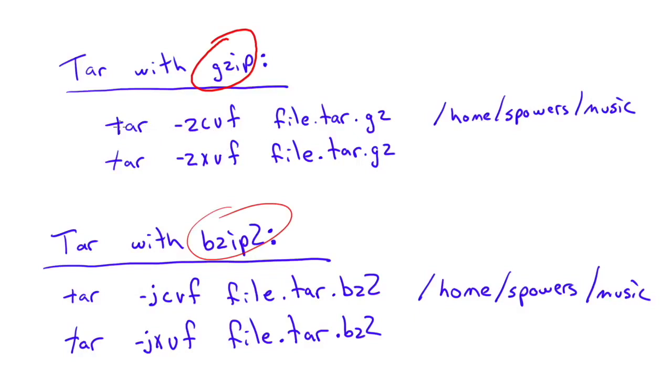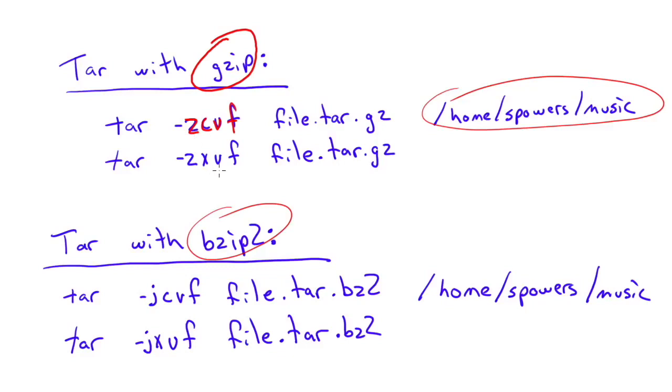So to create a compressed tar file, we would say tar -z for gzip, and then cvf, just like we would normally for creating a tar file. Normally we would just say cvf, and that would create a file.tar out of the directory that you tell it you want to create that file out of. If you add this z argument in there, it'll actually create a gzipped tar file to save space and make it far more portable.